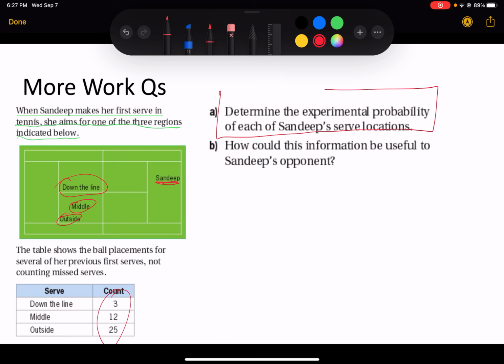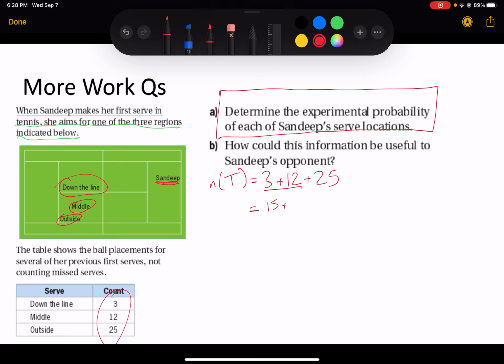Okay, so we go ahead and determine the experimental probability of each one of their serves, not including missed serves. Well, let's see, the total number of locations is n. We've got N of T is equal to 3 plus 12 plus 25. And that's equal to 15 plus 25, right?